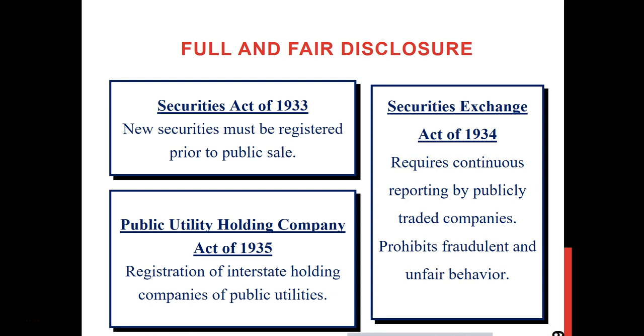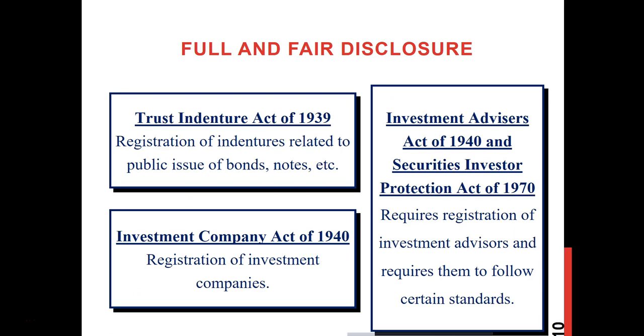One of them is the Public Utility Holding Act of 1935, which requires the registration of interstate holding companies of public utilities. Then another important act is the Trust Indenture Act of 1939. This act requires the registration of trust indenture documents related to the sale of bonds, indentures, notes, or any other type of debt securities.